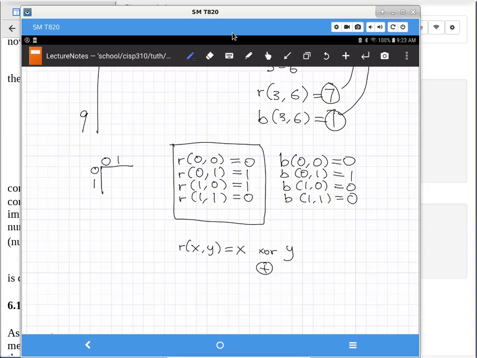Well, once again, I embedded the answer within the question itself. Yep. Not x and y, exactly. So b of x, y is, well, I'll do it step by step. Because what I said was when x is false and y is true.